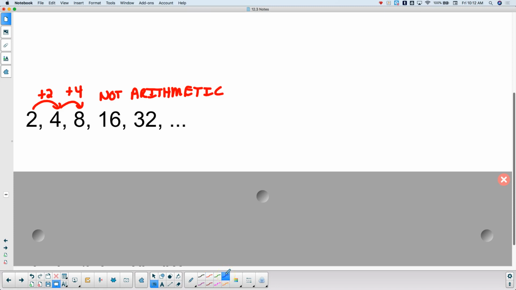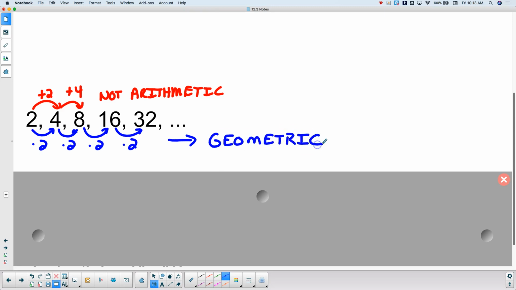But I can multiply by 2, and by 2, and by 2, and by 2. So that tells me that it is geometric, with an r value of 2.